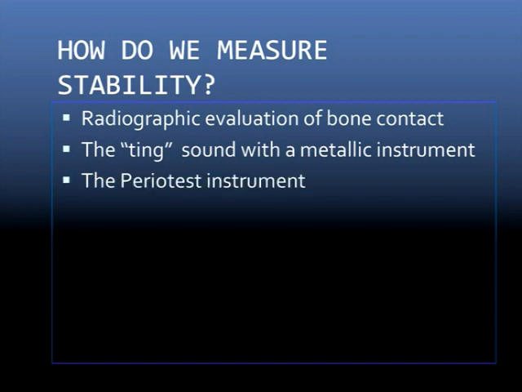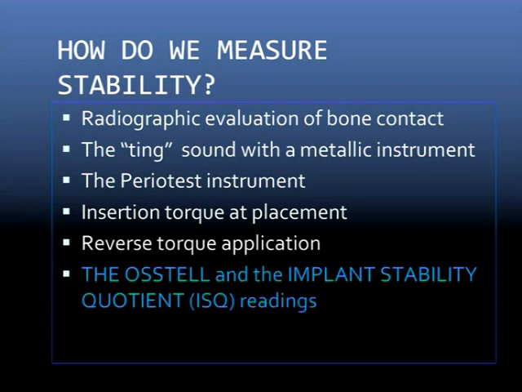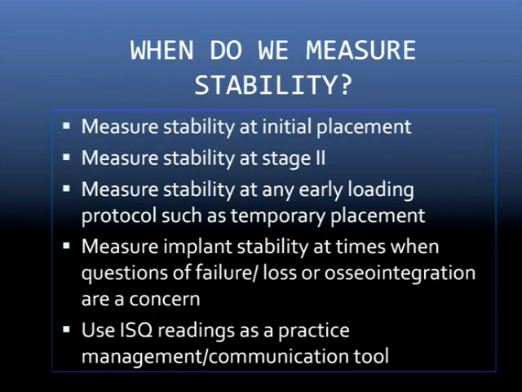Then came along the Periotest instrument, which many of you have used. There have been discussions about insertion torque, and also about reverse torque at the time of stage 2. And then more recently, and why we're here tonight, is the discussion of the Osstell implant stability quotient readings that would help us.